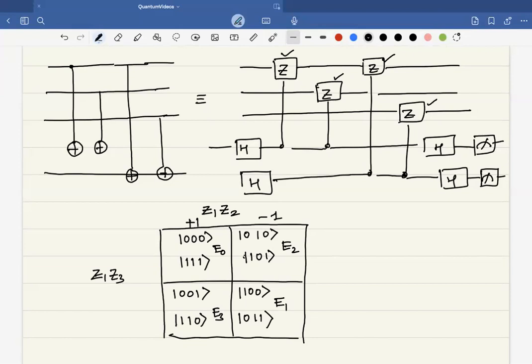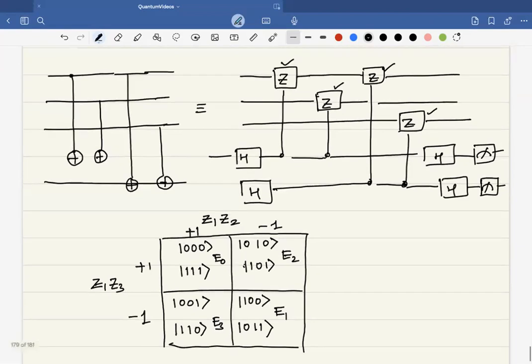If you measure the Z1, Z2 operator, and the third qubit is flipped, then you also don't see a -1, but rather you get a +1. And in the case of the measurement using the Z1, Z3 operator, this is +1 and -1, which essentially corresponds to the parity.